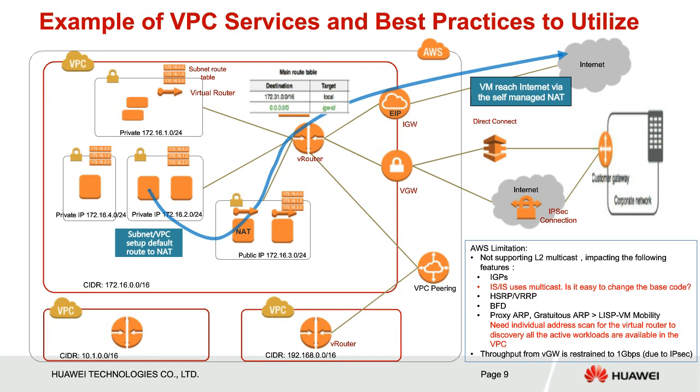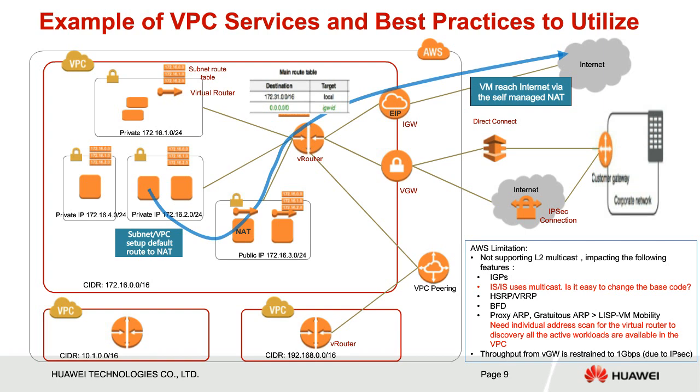The virtual gateway allows you to interconnect your on-prem data center through IPsec, over the internet. That way, no matter where your location is, you can always securely connect your traffic from your on-prem gateway to the AWS virtual gateway.